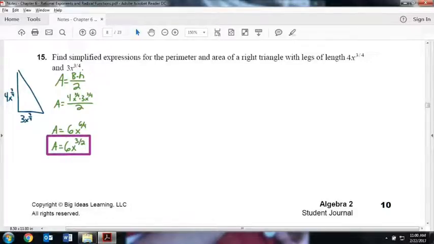Okay? Your perimeter is going to be a little bit more challenging simply because we have to find this length, which, if you remember, for the hypotenuse of a right triangle, is a squared plus b squared equals c squared. To get c all by itself, I have to take the square root of the other two.